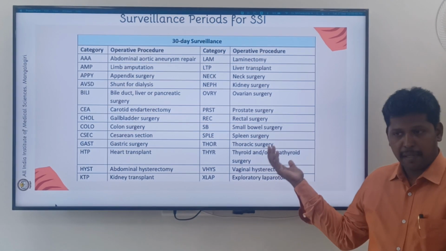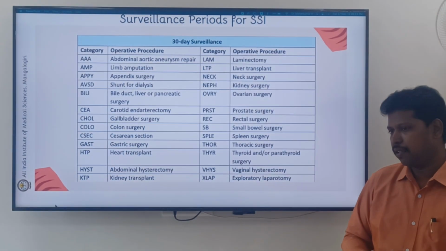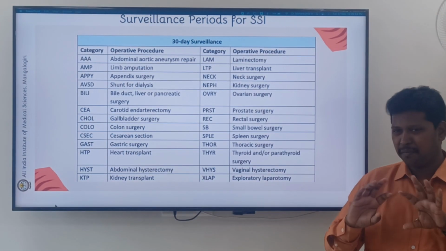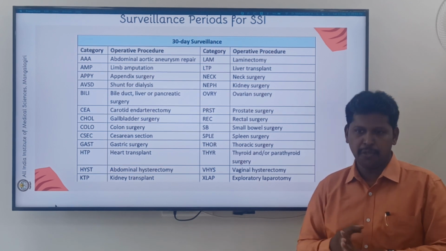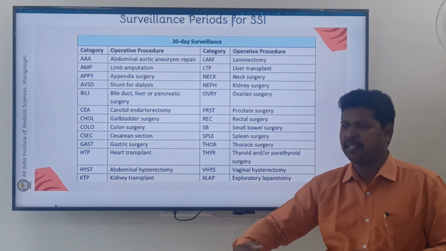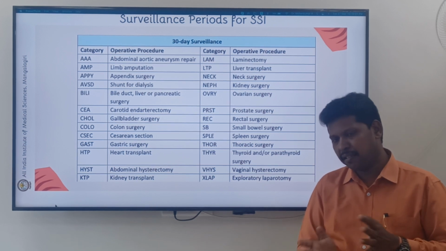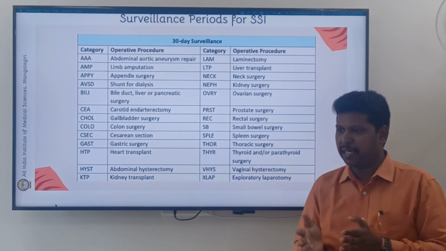The total duration of surveillance. Again, NHSN has given proper procedure codes for how long we need to follow which patients, which surgeries. On a rough overall basis, breast, cardiac and implant surgeries are usually followed for a 90 day surveillance period. All the other surgical site infections will be followed for 30 days.